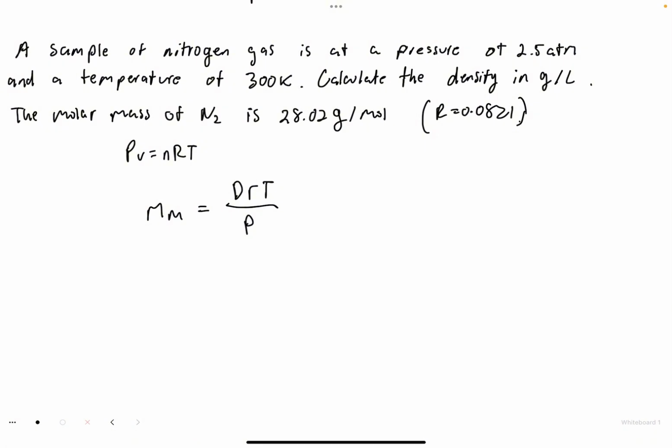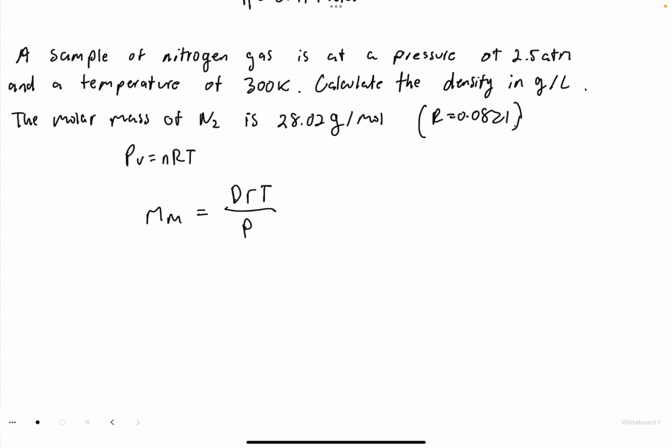Since we are trying to find the density, we have to isolate these values. So let's isolate density to make things easier. The molar mass multiplied by the pressure is equal to the density times the R value times temperature.